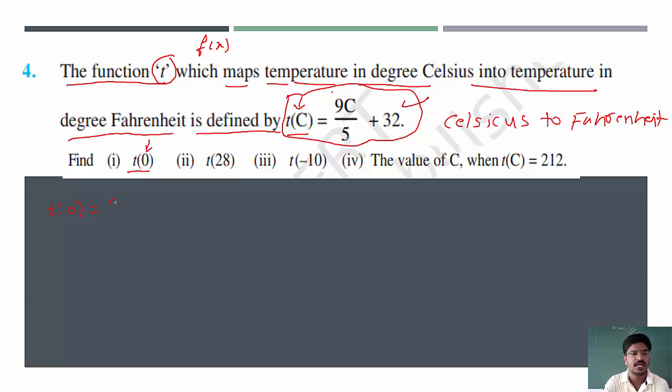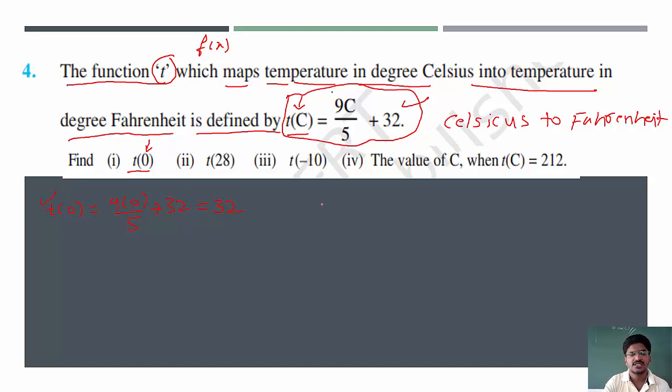So I will write 9 times 0 divided by 5 plus 32. 9 times 0 is 0, 0 by 5 is 0, plus 32 means output is 32. Clear? So 0 Celsius means 32 Fahrenheit. The first thing is over.